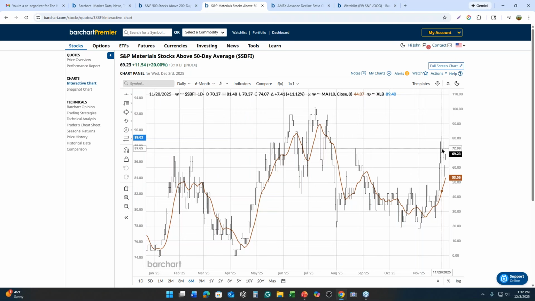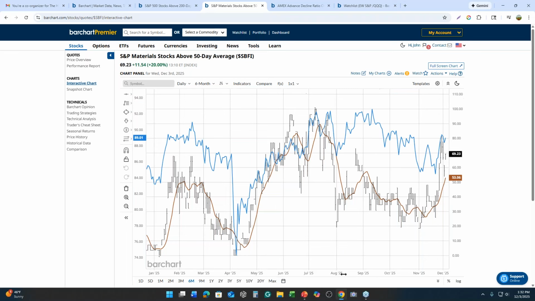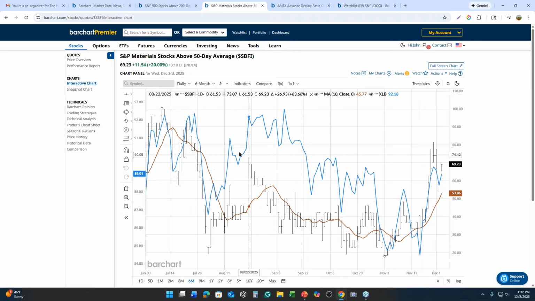So how can we confirm that? Again, the XLB is the ETF for the materials sector. So let's turn that on. And what do we see? Well, stock price falls as we have negative breadth, but notice how we've got this big thrust of positive breadth, which could be telling us that there is a sector rotation into materials, and that this downtrend we have seen since July has been broken as the market starts to move up.